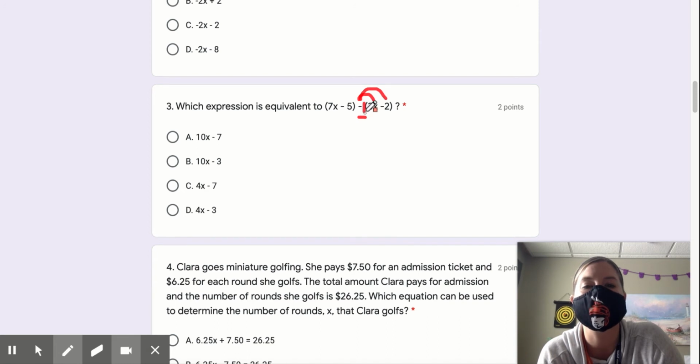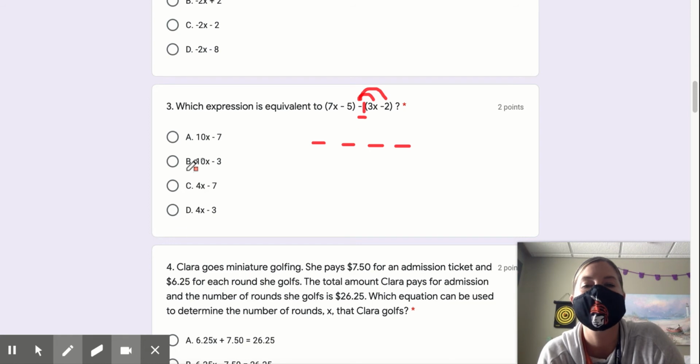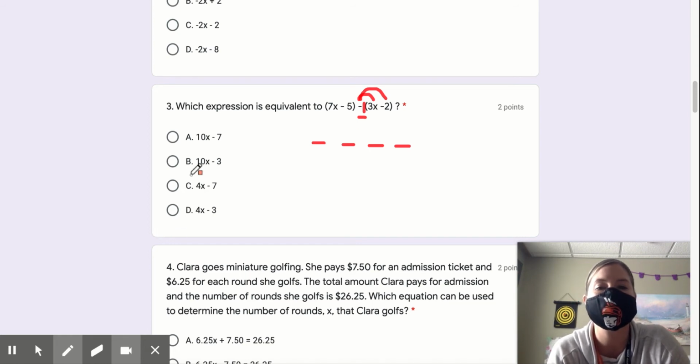So you do a negative 1 times a 3x and a negative 1 times a negative 2. You will drop these terms down with the signs in front of them, along with what you get for these with the correct signs in front of them. And then these 4 terms, you will have to combine the like terms to see which expression you will get.